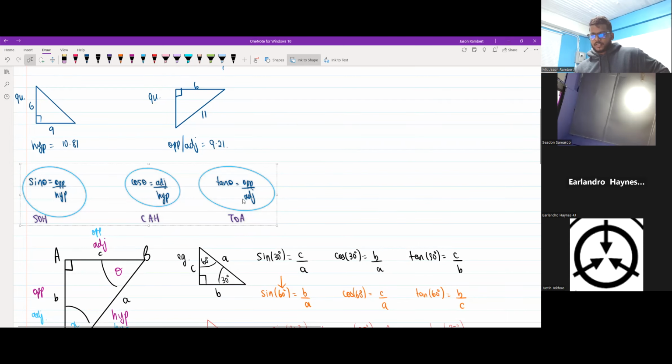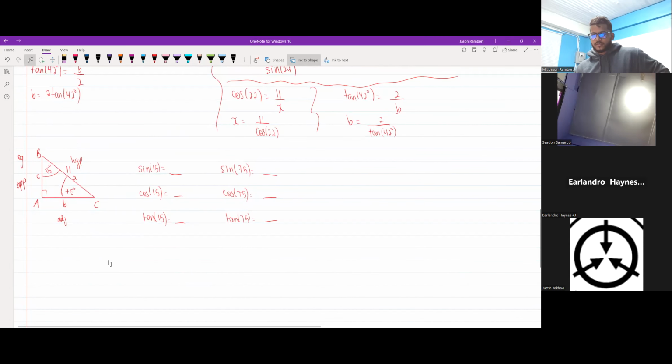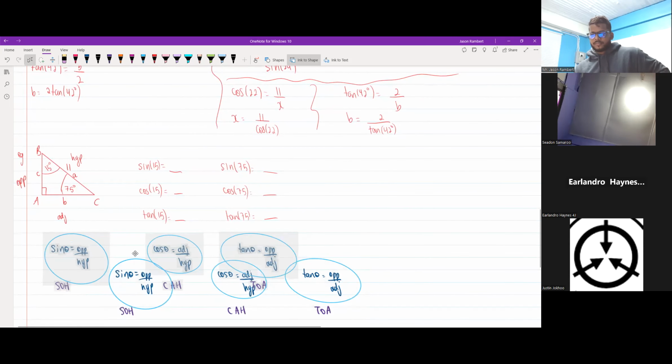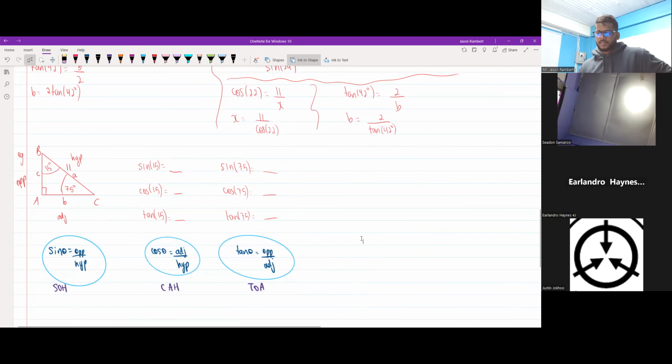I'll copy this and bring it down for you guys as a reference. Tell me what sine 15, cos 15, tan 15, sine 75, cos 75, tan 75 is. And tell me which one has one unknown in it, meaning I just have one variable in it. All right?